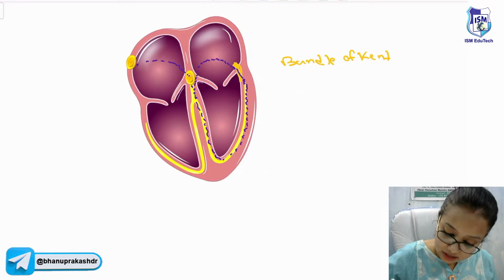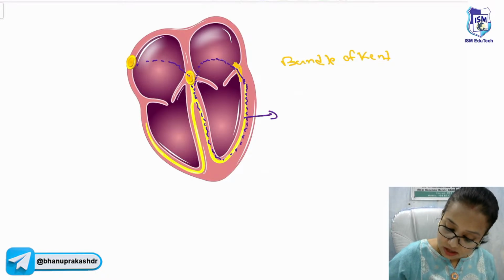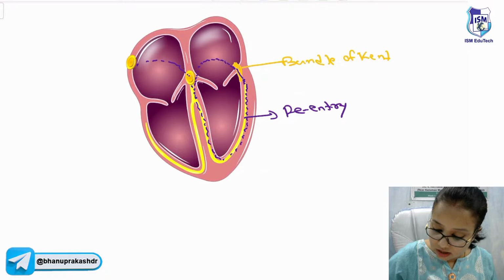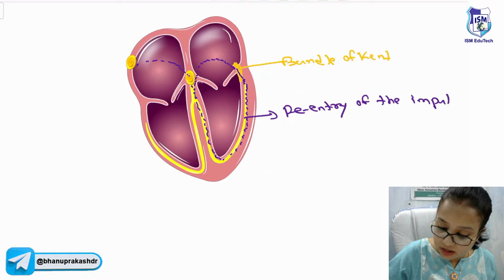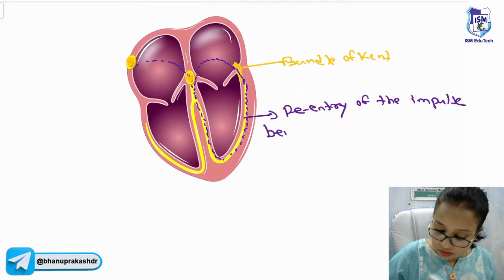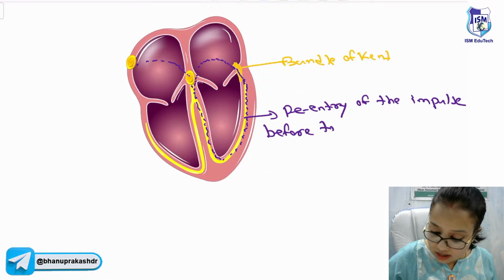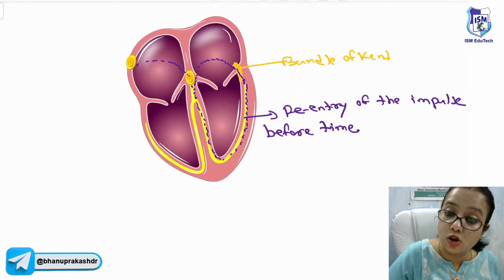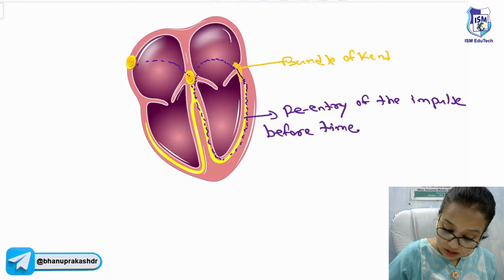So like that, there will be re-entry of the impulse before time. Whereas the original impulse will take a long time to reach, because it is following the normal pathway.